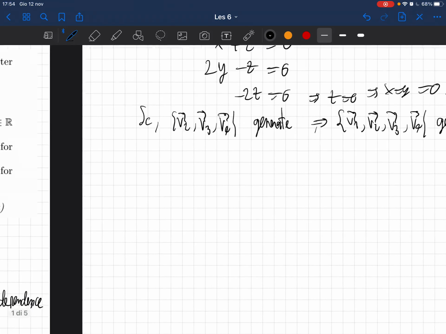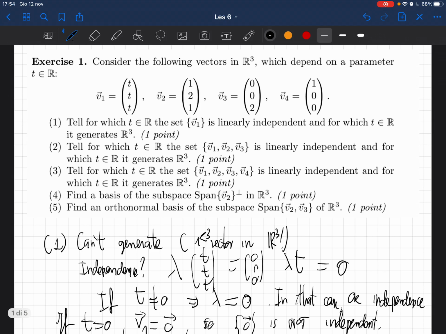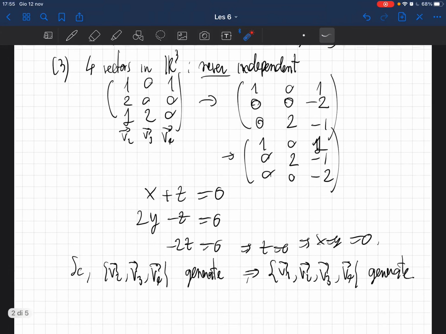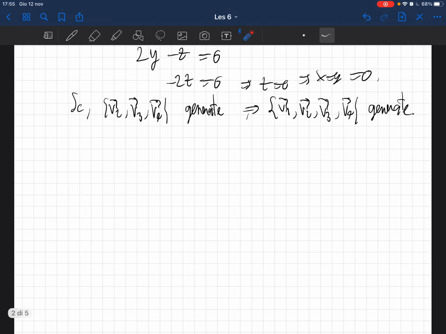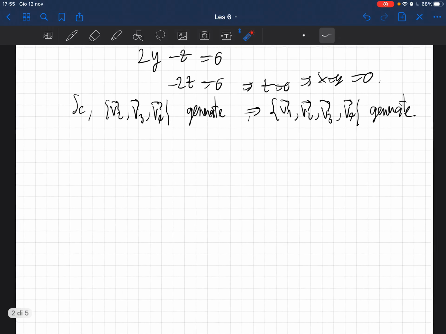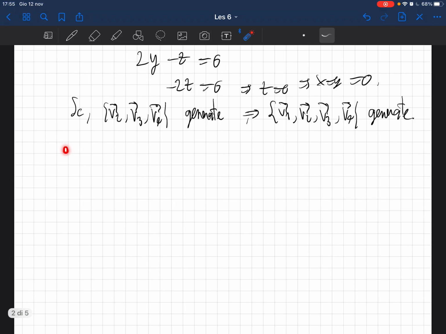Okay, very good. Now, this was just a recapitulation on subspaces, and now there is something new, namely we are asked to find a basis of this orthogonal space. So first, just a review.